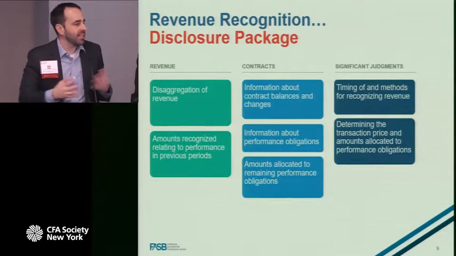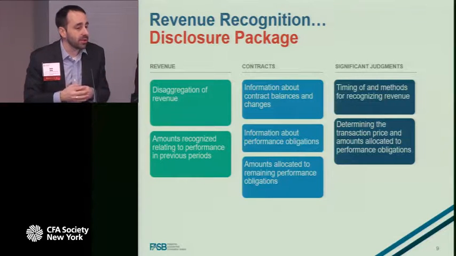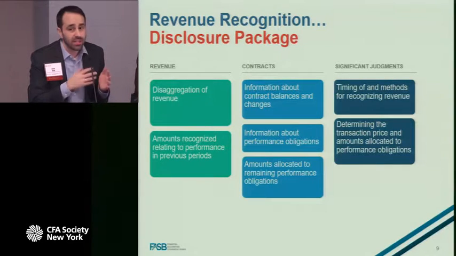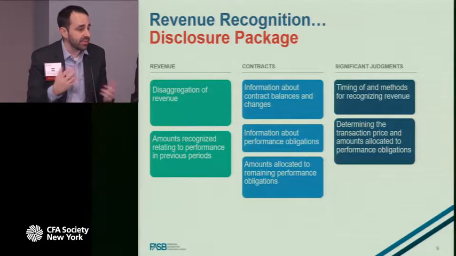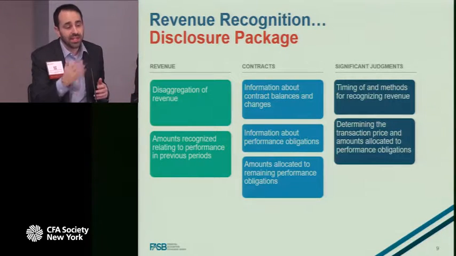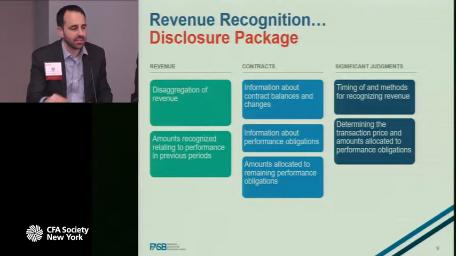Now, one of the things that I think is great, the best part of this standard, is user focus. So previously under revenue recognition, there were very few required disclosures. But under the new standard, there's this whole disclosure package. And so companies will have to disaggregate their revenue and show different types of revenue in their footnotes. Amounts that related to prior performance. So if they recognized revenue in the current period, but it actually related to prior performance, you'll see that disclosure.